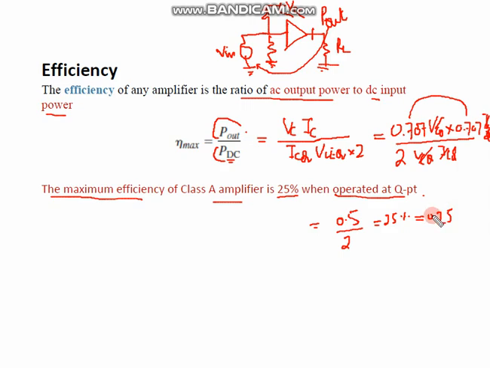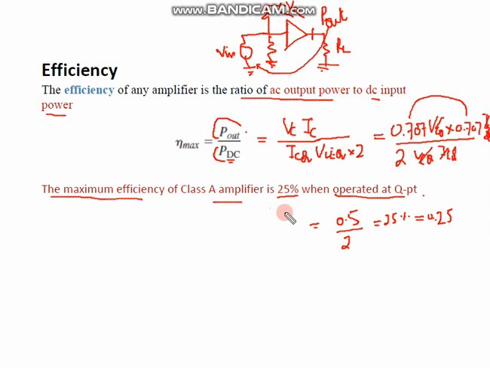So the maximum efficiency you get for a class A amplifier at the quiescent point is 25%. The rest, 75%, is dissipated as heat. So it is not a very good power amplifier, because we are losing 75% of the power as heat.